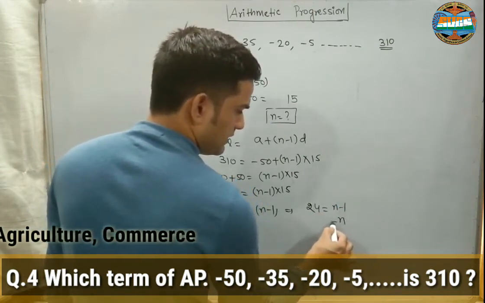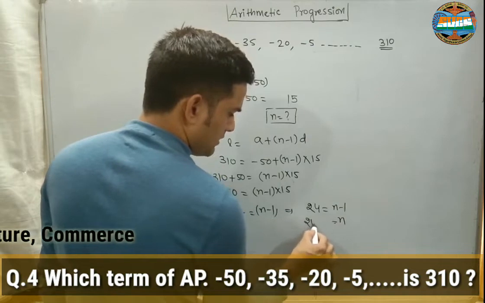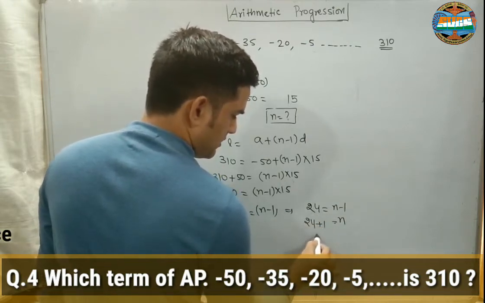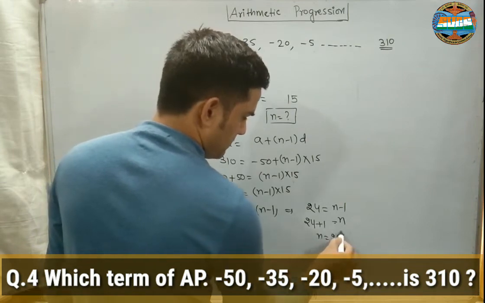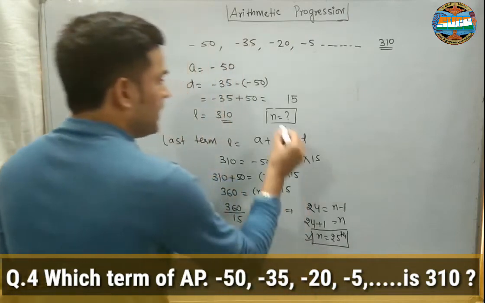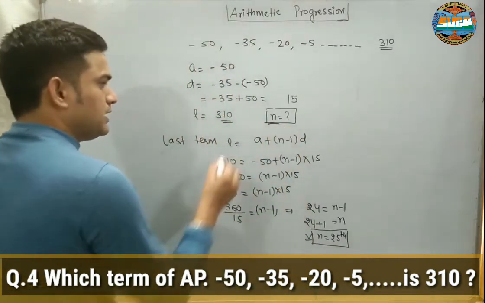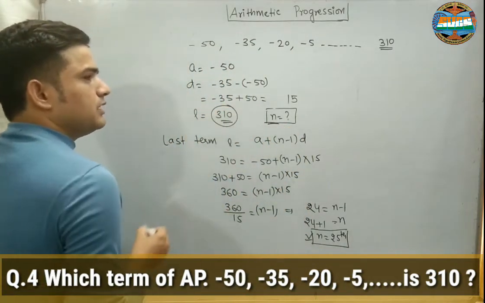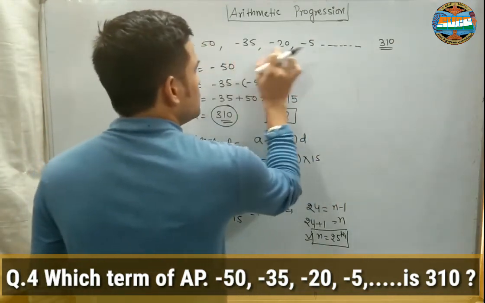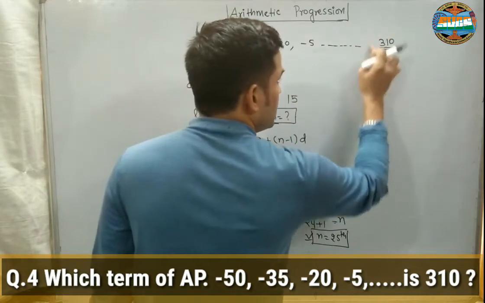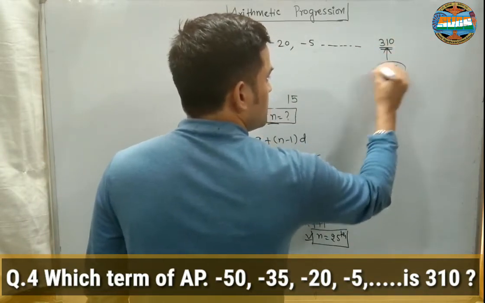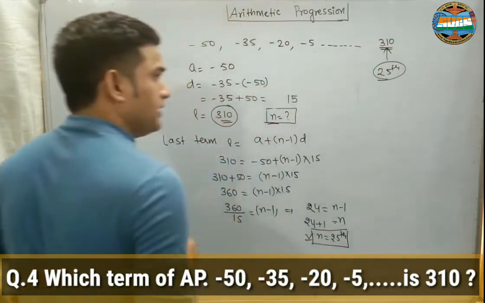Next, the minus 1 transfers to the other side and becomes plus, so n is 25. We got n as 25, which means the 25th term is 310. Counting the series 1, 2, 3, 4 and so on, the 25th term is 310.